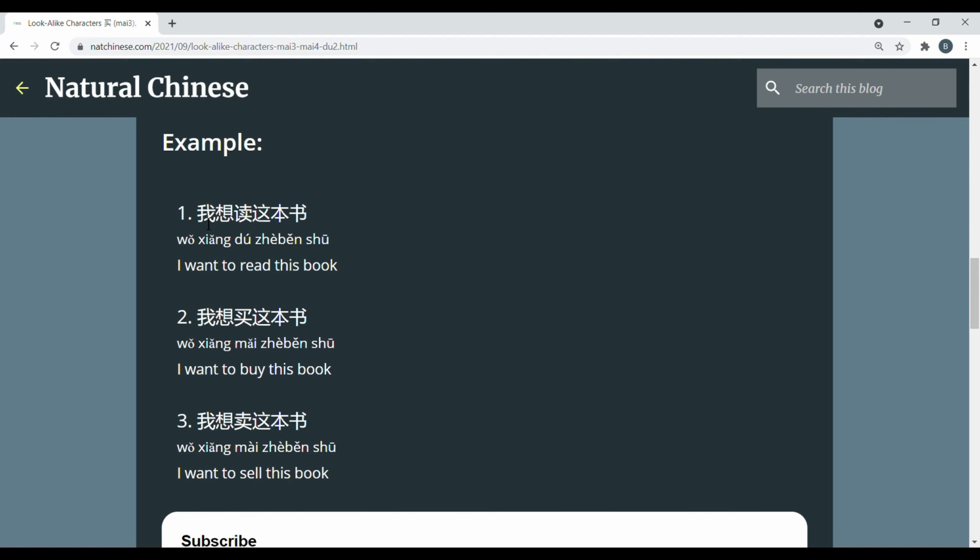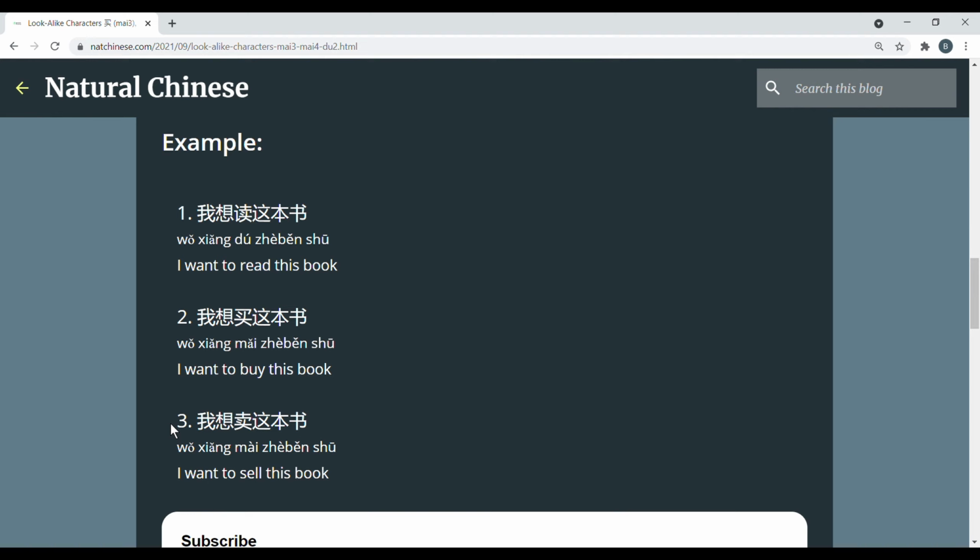So the sentence is 我想读这本书, which means I want to read this book. In our second sentence, we have 我想, and then this character has nothing on top, so we kind of slow it down when we say it, so it is mǎi, to buy. So the sentence is 我想买这本书. I want to buy this book.